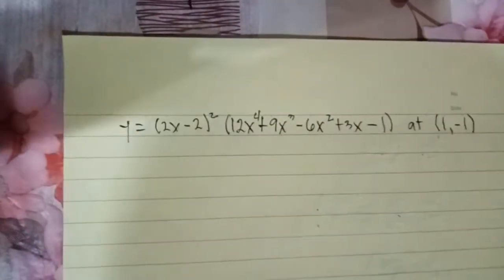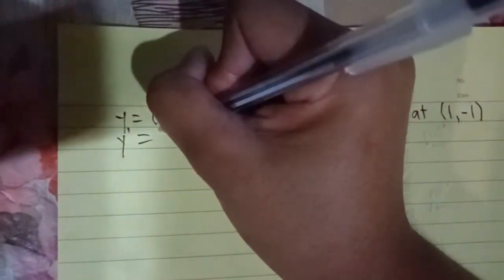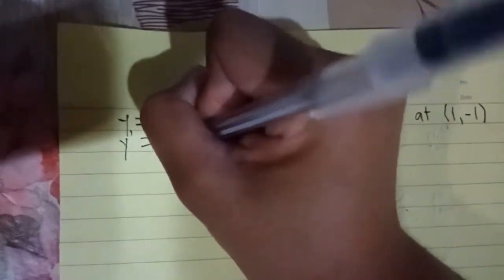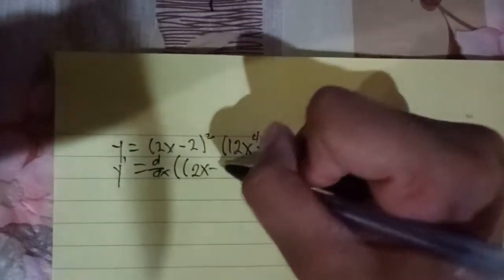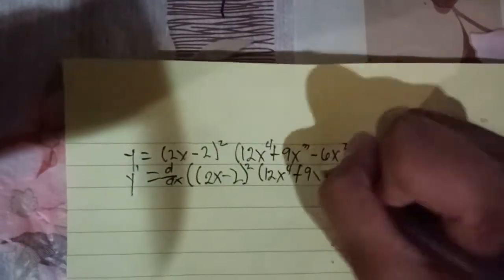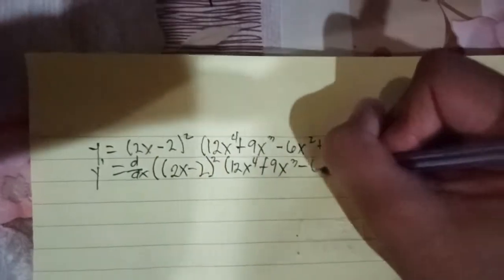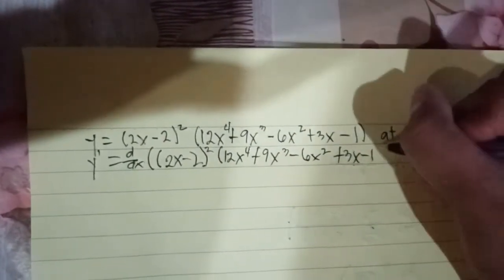So first we are going to differentiate our function. So y prime is equal to d over dx of (2x minus 2) raised to the power of 2 times (12x raised to the power of 4 plus 9x raised to the power of 3 minus 6x raised to the power of 2 plus 3x minus 1).